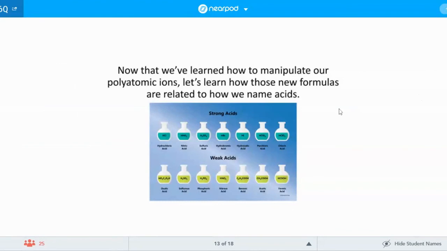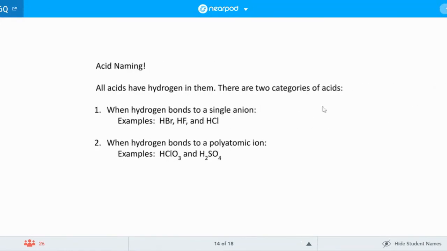All right, so now that we've taken the time to learn how we can manipulate our polyatomic ions, we are going to look at how those new formulas are related to naming acids, our last type of ionic naming. When we take a look at acid naming, all acids have a hydrogen in them. That is what makes them acidic. And there are two different categories of acids.